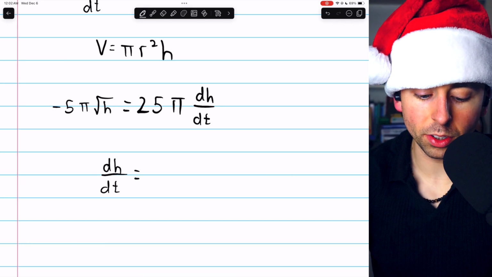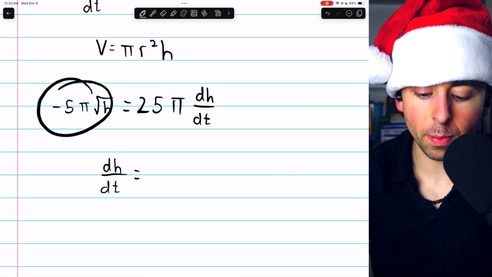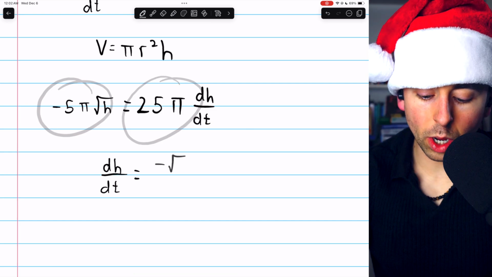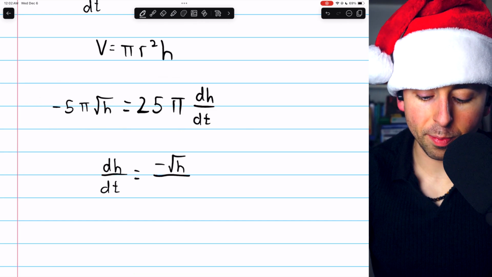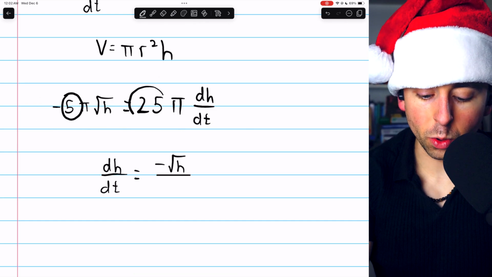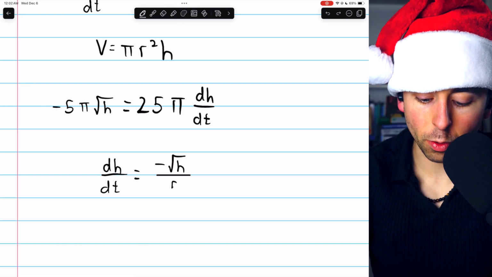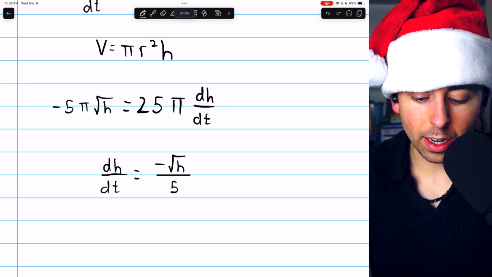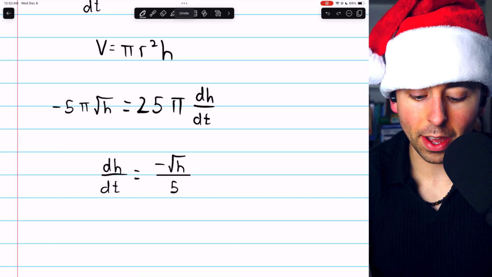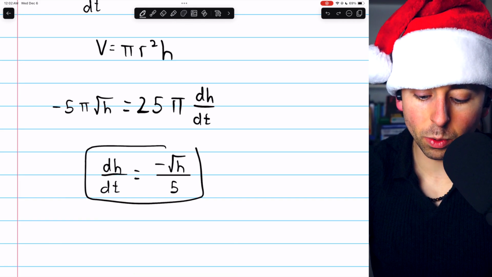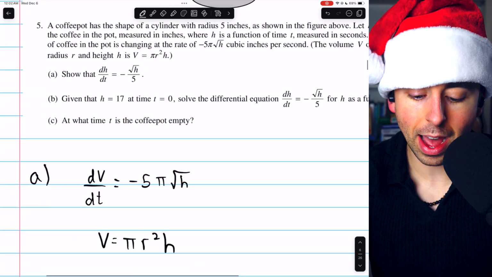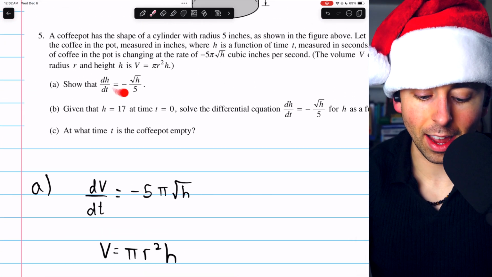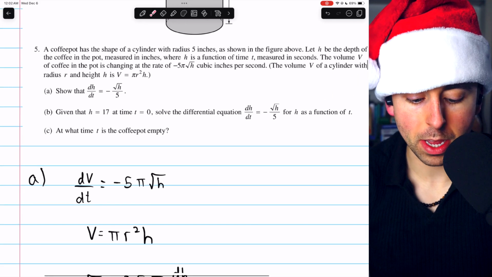So this will be equal to this divided by 25 pi. And when we divide by 25 pi, 5 over 25 just leaves a factor of 5 in the denominator. The pi's cancel out, and of course we still have that negative. And thus we see that dh/dt equals negative root h over 5, just as desired. So we can move on to part B.